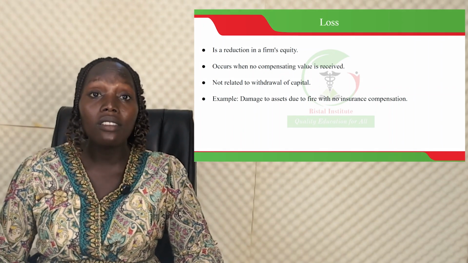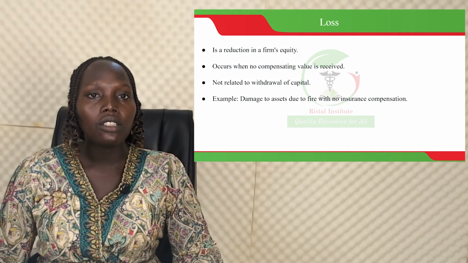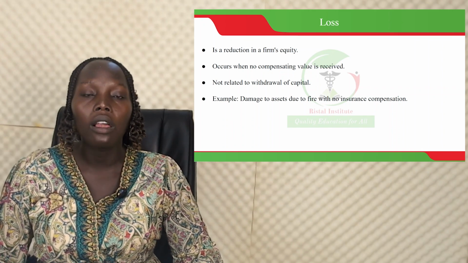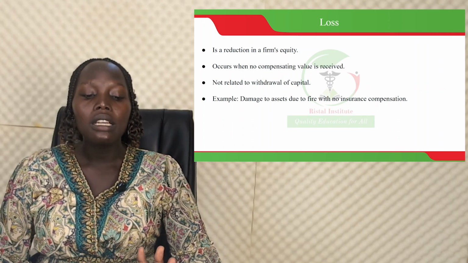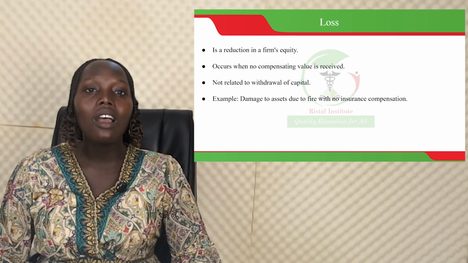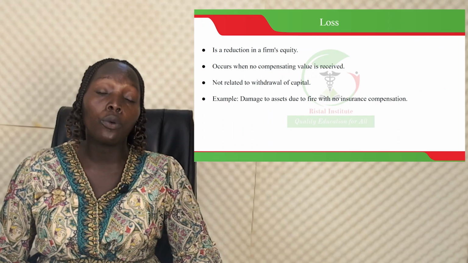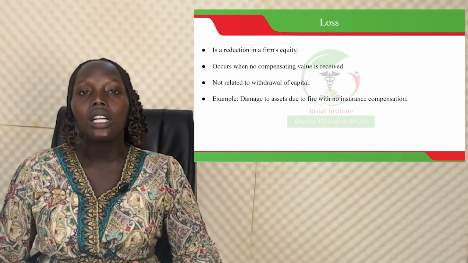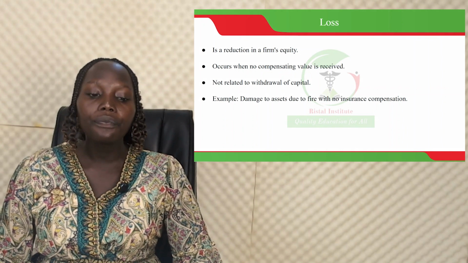To make matters worse, you have not registered your business for insurance. The assets inside are destroyed, and there is no compensation from an insurance company. So that is a loss.